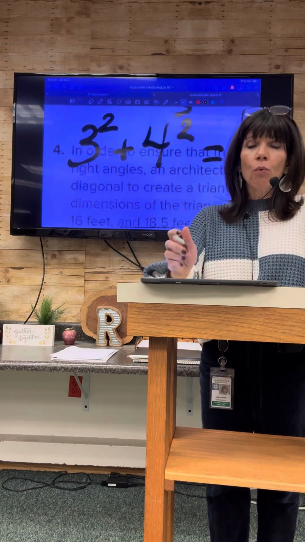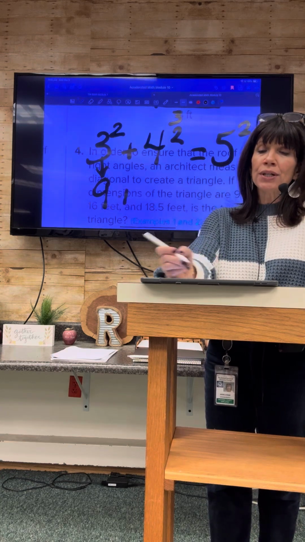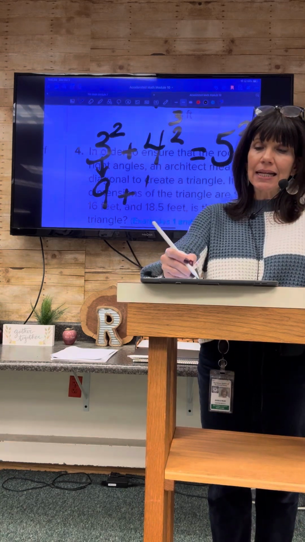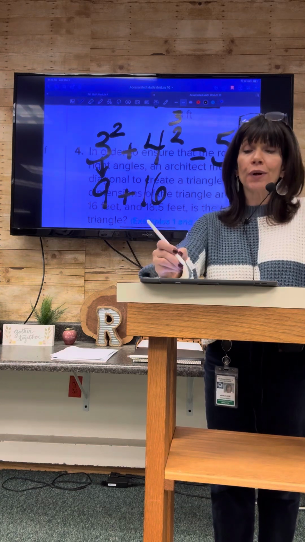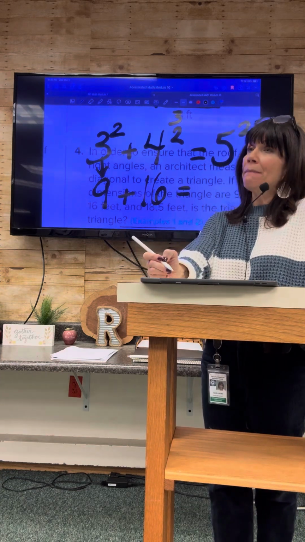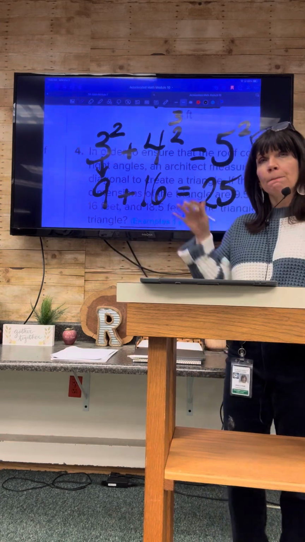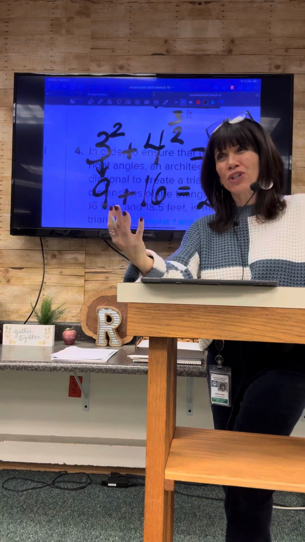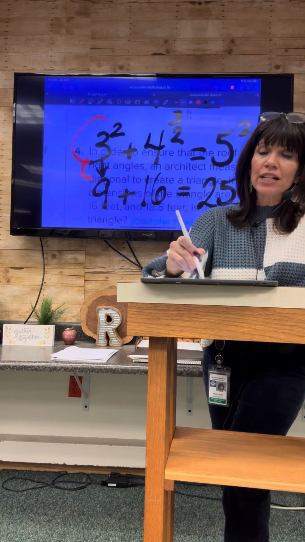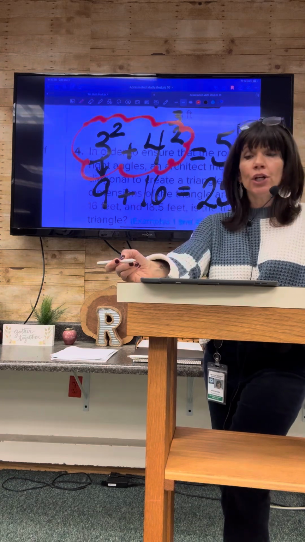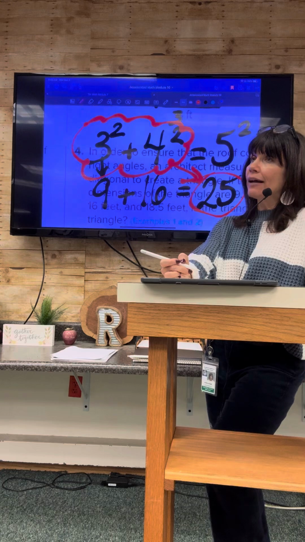Let's do this. What is 3 times itself? 9. What is 4 times itself? 16. So 9 plus 16 equals 25. When you plug in more challenging items, you would simply type 3 squared plus 4 squared into the calculator, and it would tell you 25.